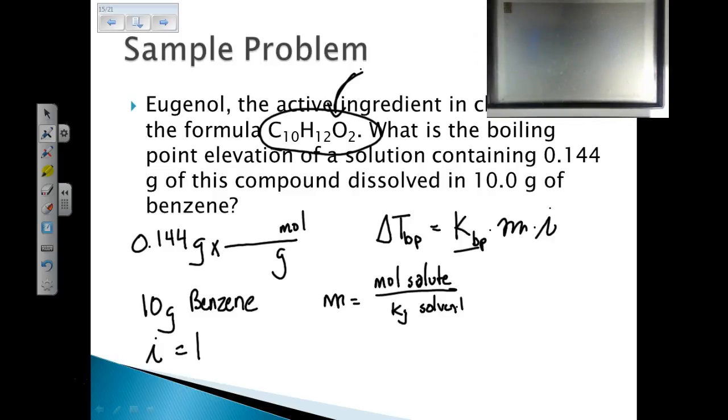I'm going to do 10 times 12, that's for the carbon, plus 12 times 1 for the hydrogen, plus 2 times 16 for the oxygen. So the molar mass is 164. So we do 0.144 divided by 164, and we get an answer of that right there.